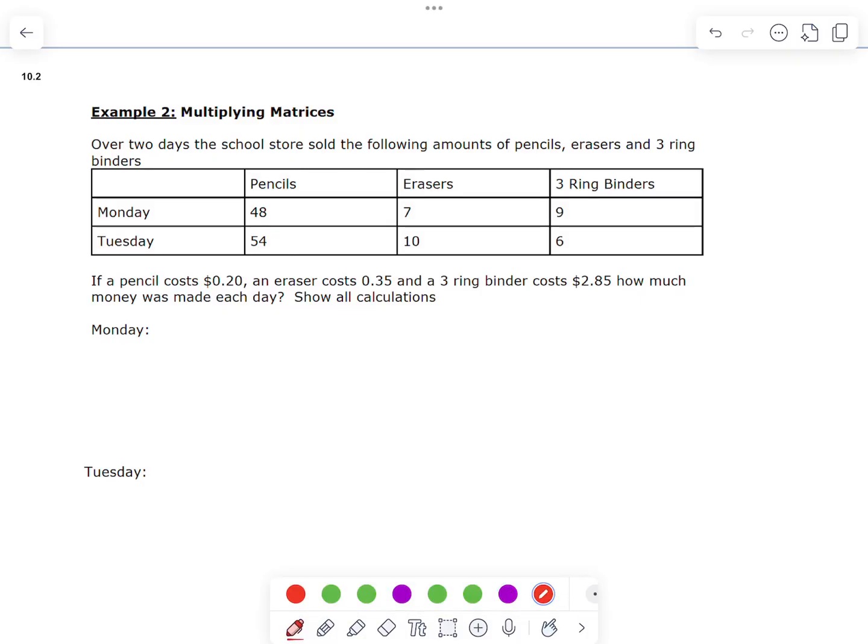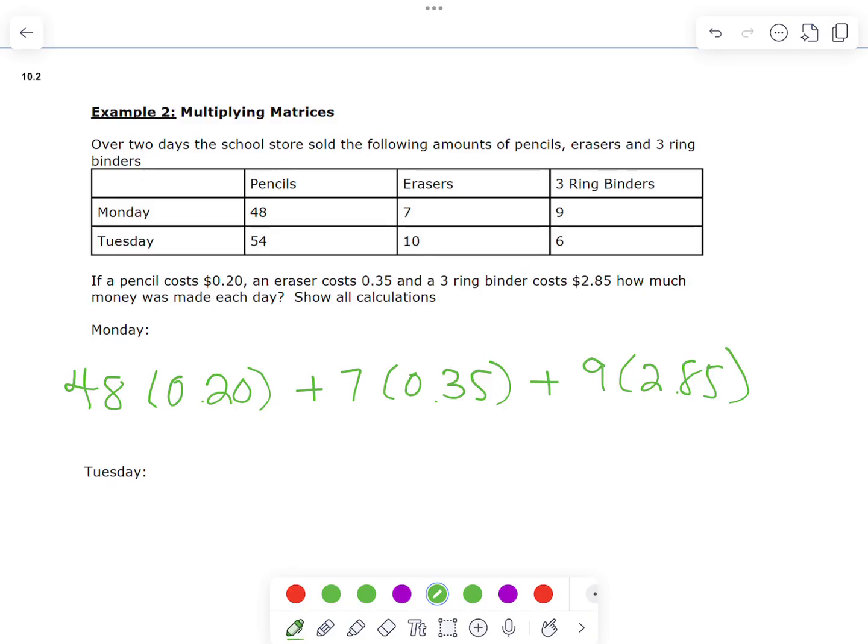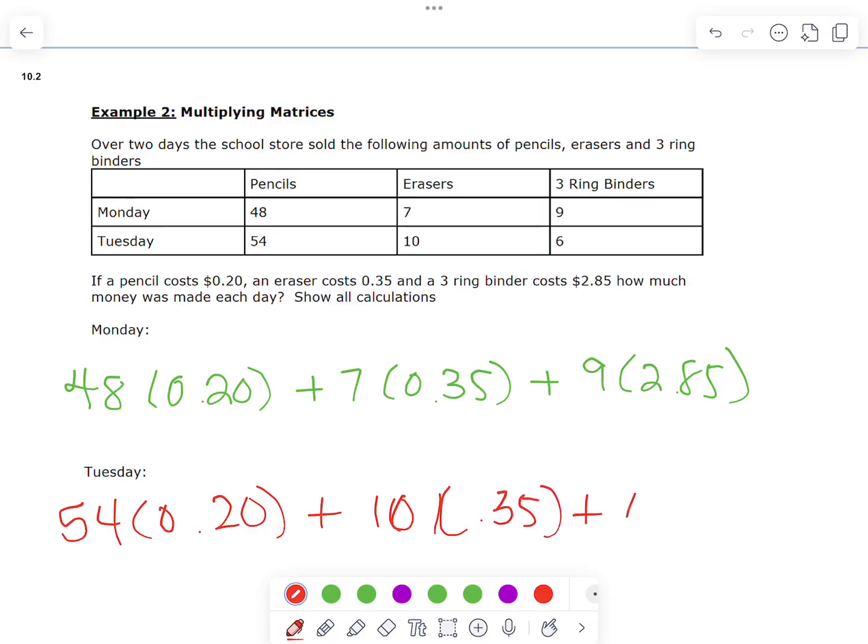One way we could do that is the old-fashioned way. Before matrix multiplication, we would take 48 times 0.20 plus 7 times 0.35 plus 9 times 2.85, and we would get the total. Then we would do the same thing for Tuesday. We would take 54 times 0.20 plus 10 times 0.35, and then 6 times 2.85 to get our totals.